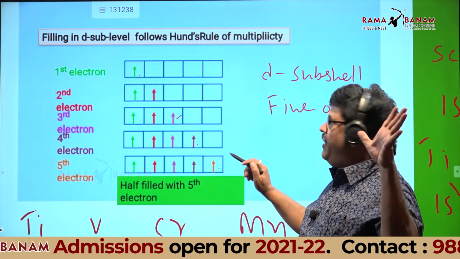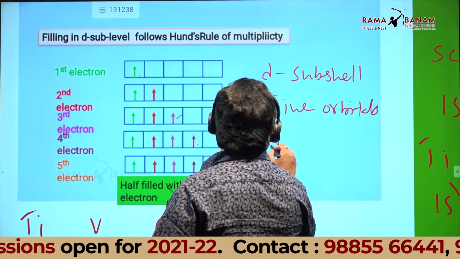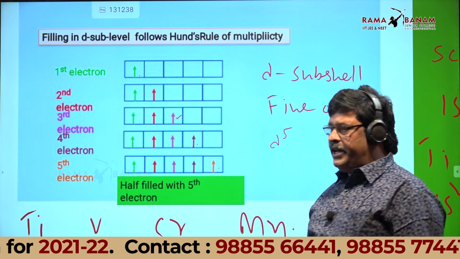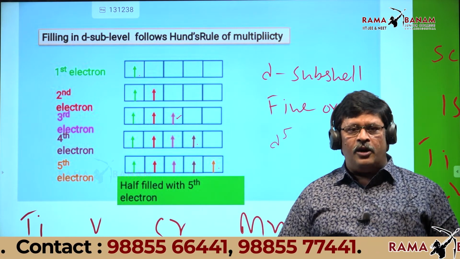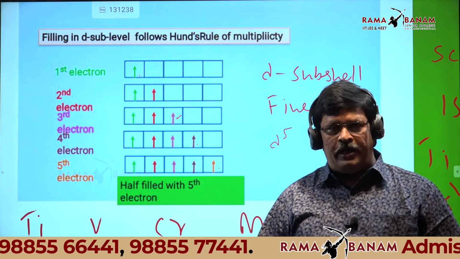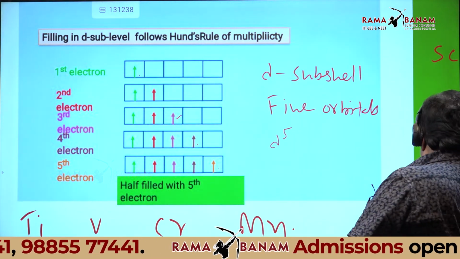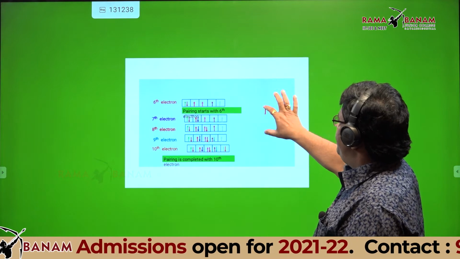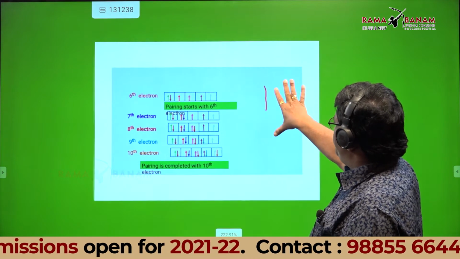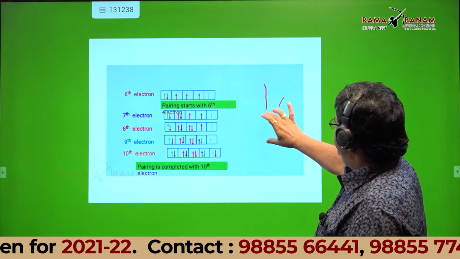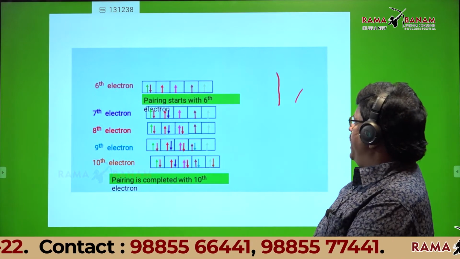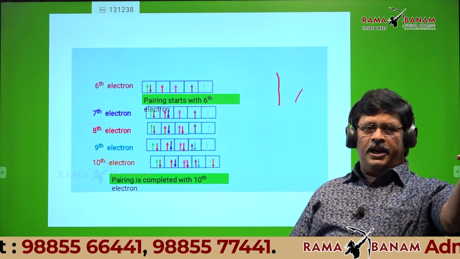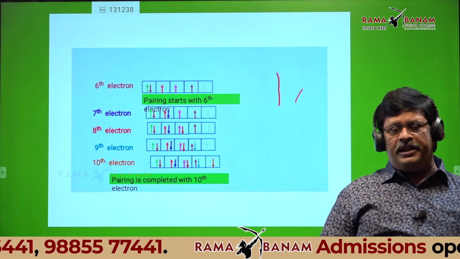So up to d5 configuration, the 5 electrons enter 5 different d orbitals. After the fifth electron only, from the sixth electron in the d subshell, pairing takes place.